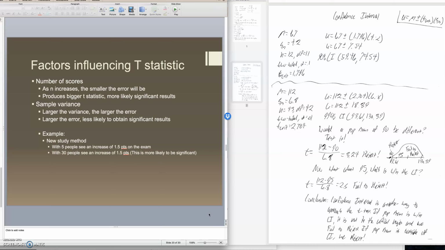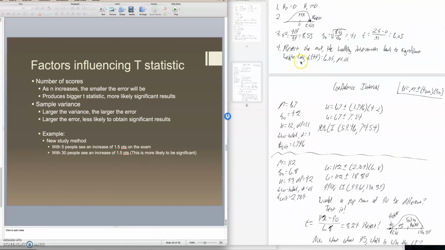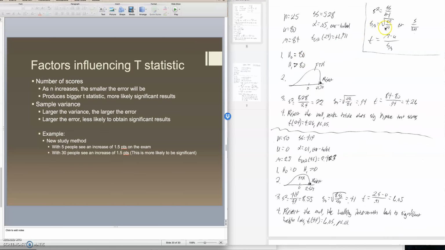Okay, so this first slide is just showing factors that can influence the t statistic. One is n and the second one is variance. When we increase the number of people, or our n, if I scroll up on this PDF, you can see within the formula, if we increase n, our estimated standard error will go down.